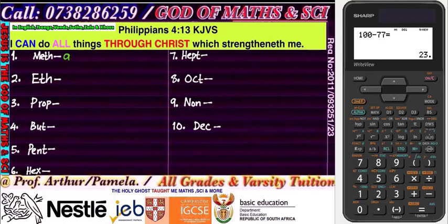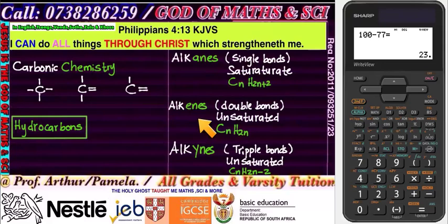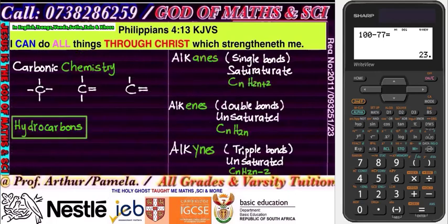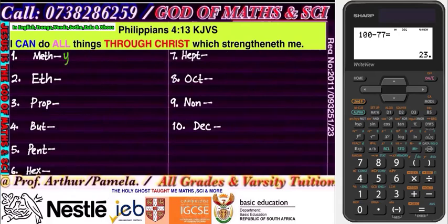If it's a double bond, it must end with ENE, so it will be methene, ethene, propene, butene, pentene, hexene, and so forth. If it's a triple bond, you end it with YNE: methyne, ethyne, and so forth, up to the end. I hope it's making sense, is it? Yes. Okay.